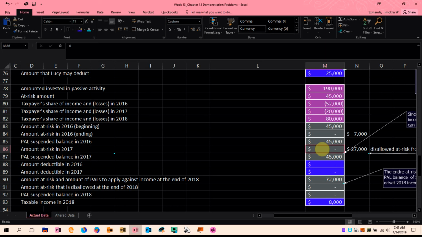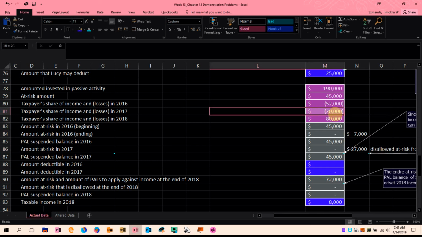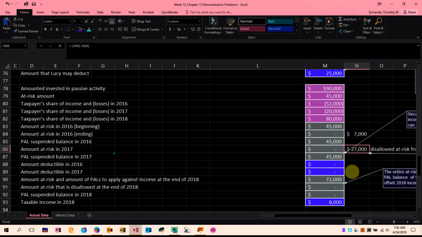That hasn't changed. But now we've increased our disallowed at-risk amount because we started at $7,000 and had a $20,000 loss in 2017. That increased it to $27,000. Staying in 2017, we go on to the second test, the passive activity loss test. Well, that means we're going to have that same $45,000 suspended, because there was nothing at risk in 2017.